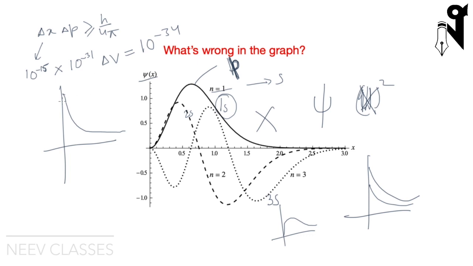So what does delta V come as? The 10 power minus 31 will go on the other side, and with the 10 power minus 34 it will become 10 power minus 3, and this 10 power minus 15 will go on the other side, and it will be 10 power 12. Now the error in measuring the velocity of the electron will be 10 power 12 meter per second. Speed of light itself is 3 into 10 power 8 meter per second.